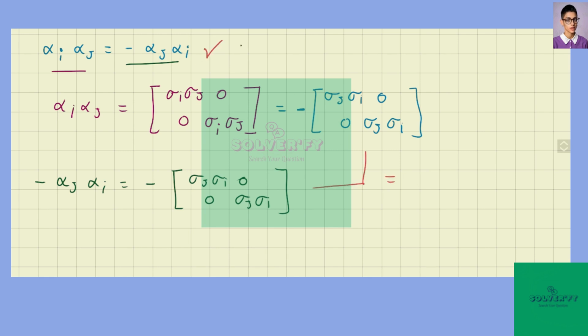I forgot to mention that this holds for all i different from j, and i and j of course take values from 1, 2, and 3. So that means that indeed the Dirac matrices are anti-commutative.